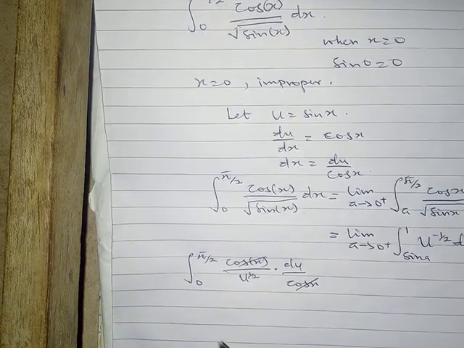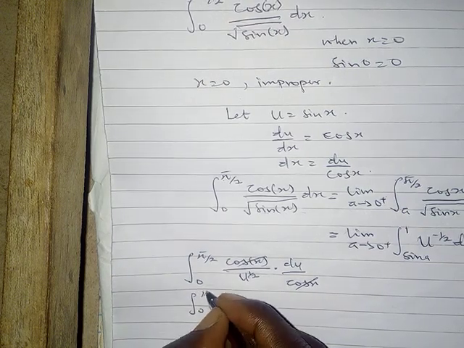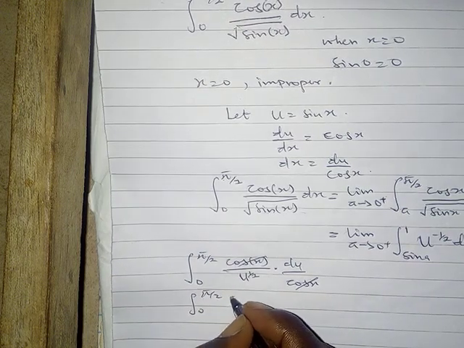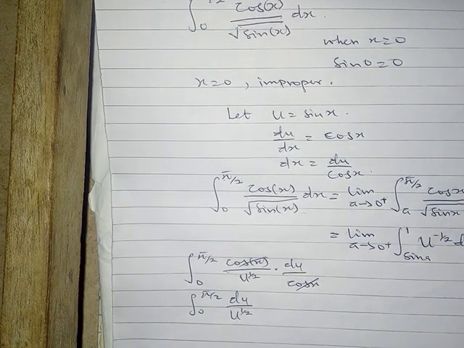Cos x cancels cos x, so we are left with du over u to the power of 1 over 2.